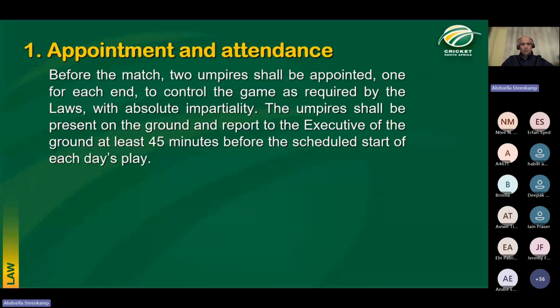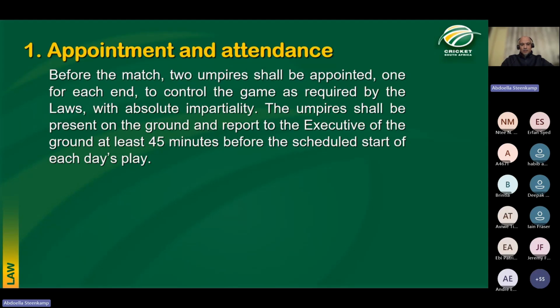In terms of the appointment and the attendance of umpires, preferably 2 umpires to be appointed for the game. We know it's not always possible, but at least we need to try to get 2 umpires. At club level, we'll often find 2 umpires. We do know at international matches, there are 4 umpires: 2 on field, a TV umpire, and then a 4th umpire.